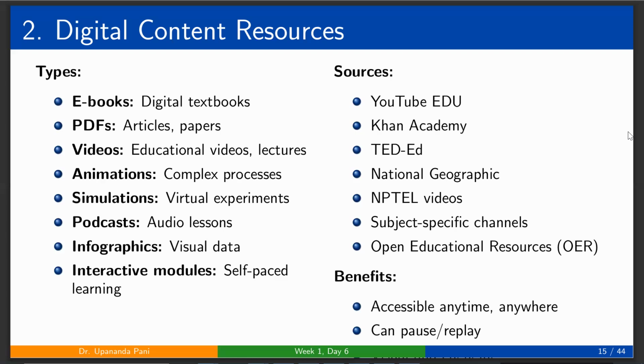So what are the sources? YouTube, Khan Academy, TED, National Geographic, NPTEL videos, subject-specific channels. Then open educational resources, that is called OER. So the benefit is it is accessible anytime, anywhere. You can pause and replay.